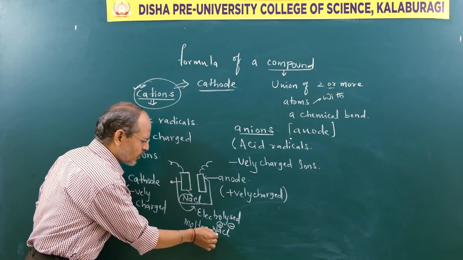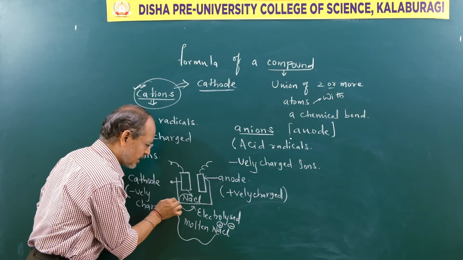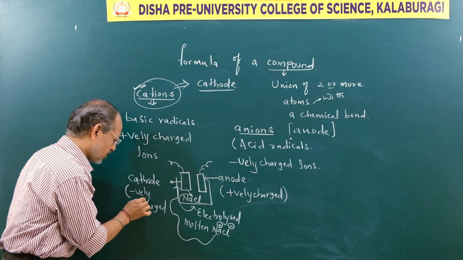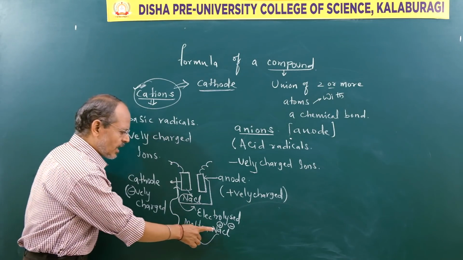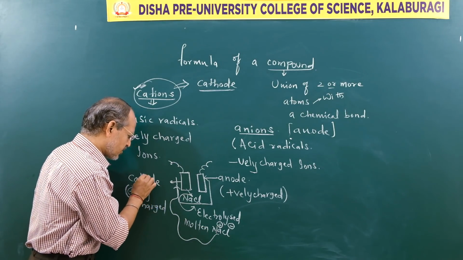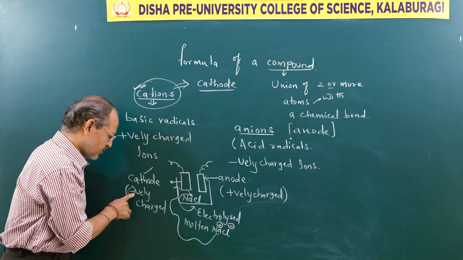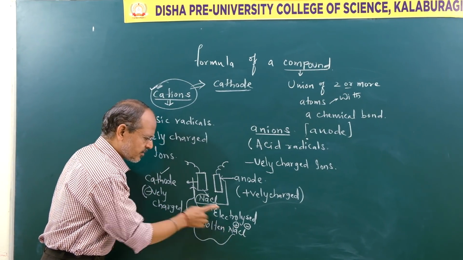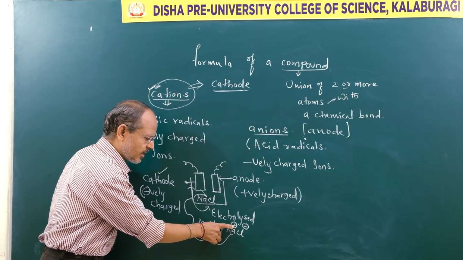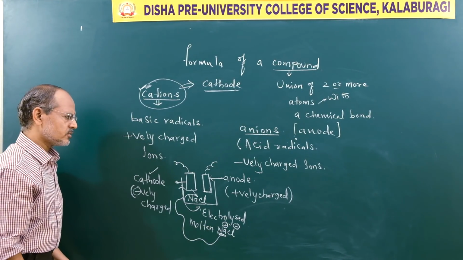So here the sodium ions are migrating towards cathode because it is negatively charged. So the ions which are moving towards cathode, here cathode is negatively charged, and the ion which is moving toward this is definitely the oppositely charged, so therefore we call it as cation.